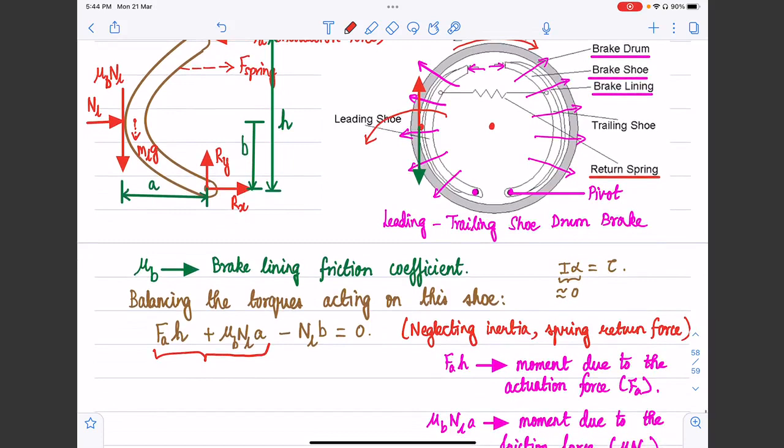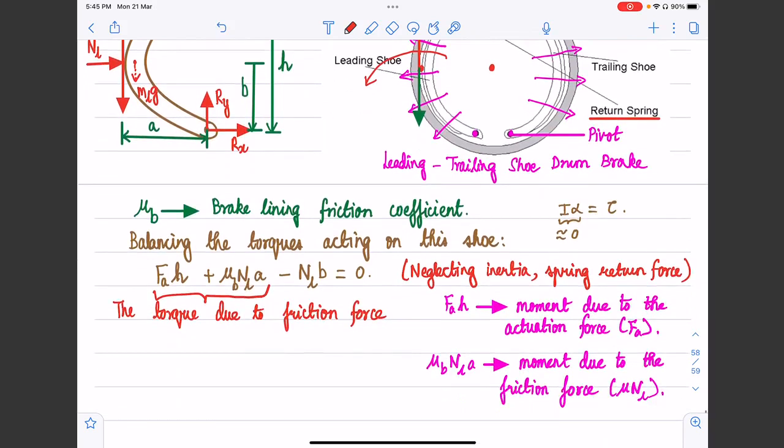Typically we attach a negative connotation with friction, but here is a scenario wherein the torque due to friction force is augmenting that due to the actuation.